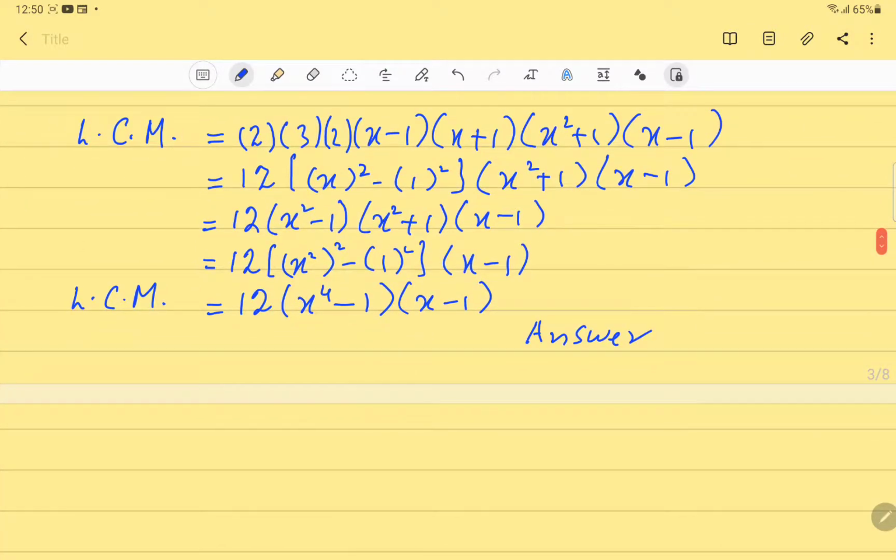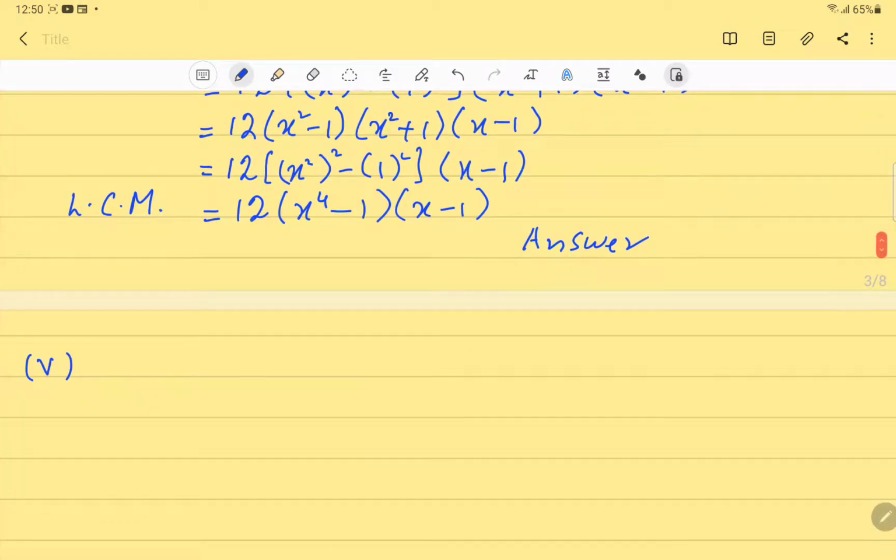Now we move on to our last question of this series. In our last question we have first expression as 20 into 2x cubed plus 3x squared minus 2x.